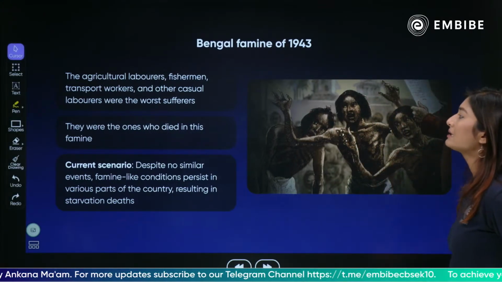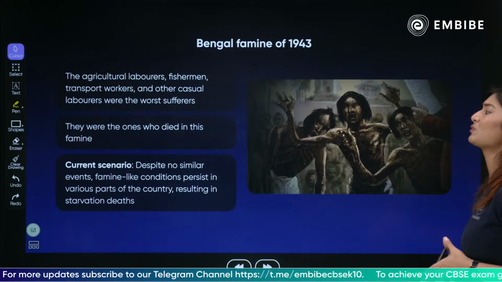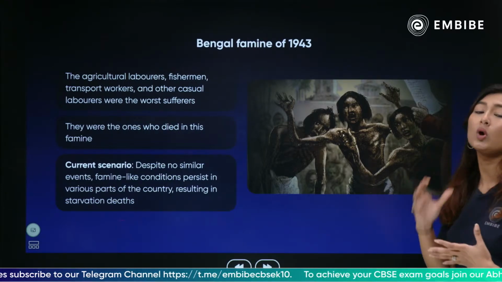So if you talk about this, the agricultural laborers, fishermen, transport workers and other casual laborers were the worst sufferers.